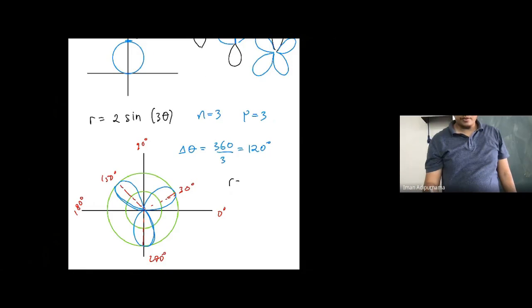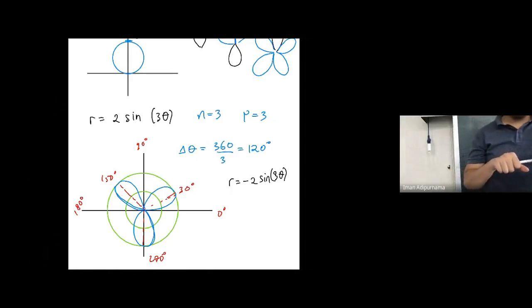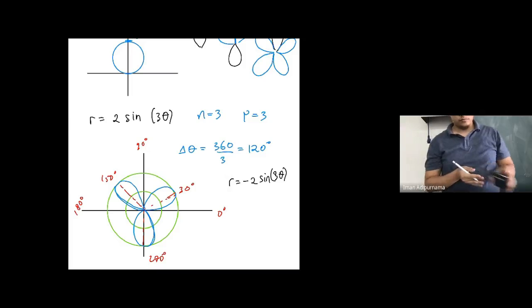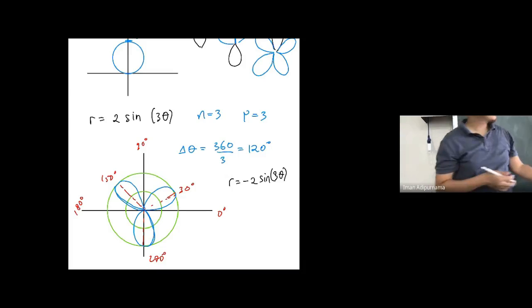What happens if you have r equals negative 2 sine 3 theta? So you have r equals 2 sine 3 theta, right?